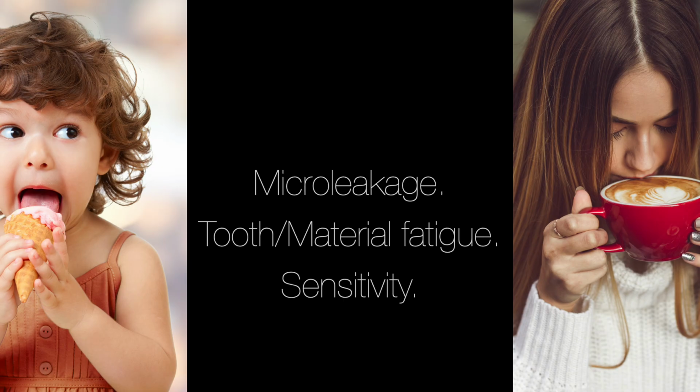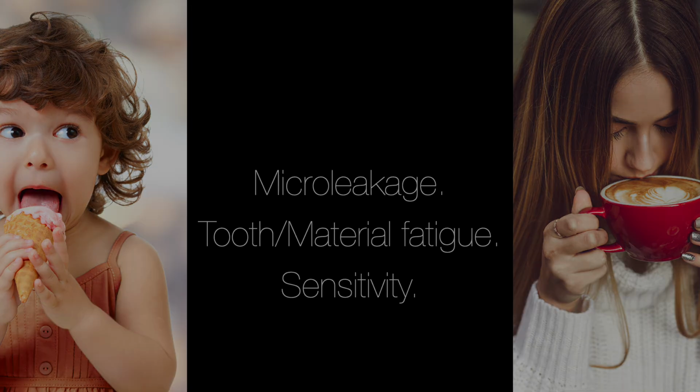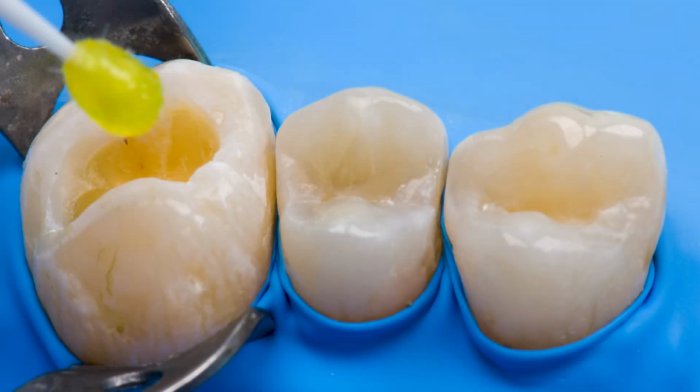When that coefficient in the material is different from that of the tooth structure, the result is microleakage, tooth or material fracture, or an increase in sensitivity. The ideal material has to match or at least be really close to that of the tooth tissues. Nowadays, the new materials have a similar coefficient to that of the tooth, but we can help by ensuring the adhesive process to counter that difference.